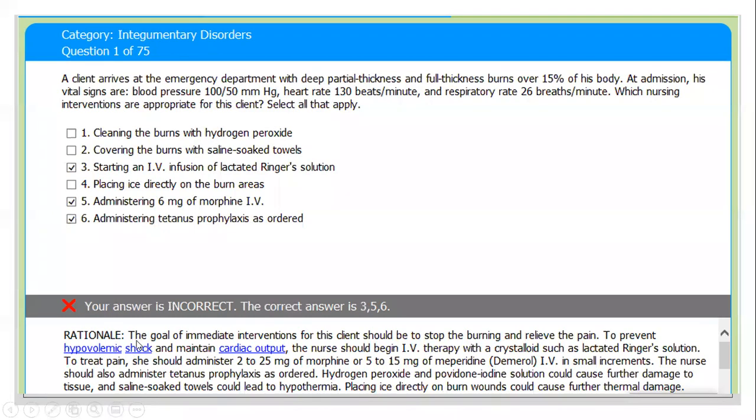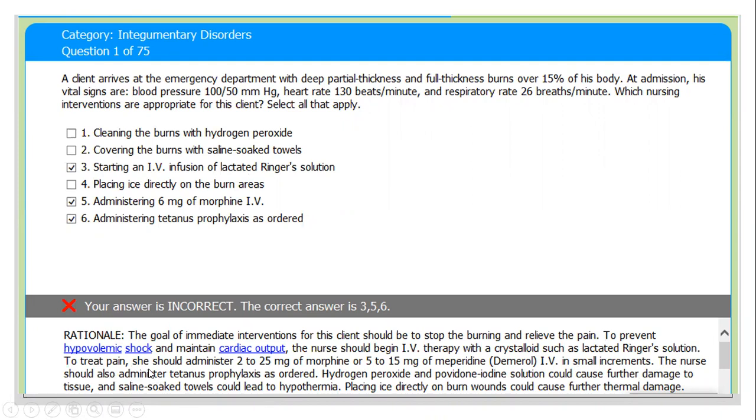And shock leads to death. So we need to give them replacement of fluid. So IV infusion. What kind of solution do we use? We use lactated Ringer's solution. Frequently asked question in the NCLEX board.